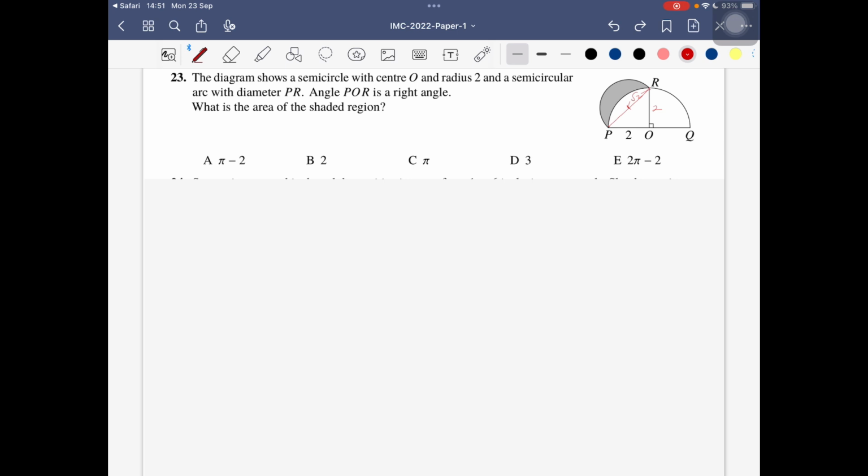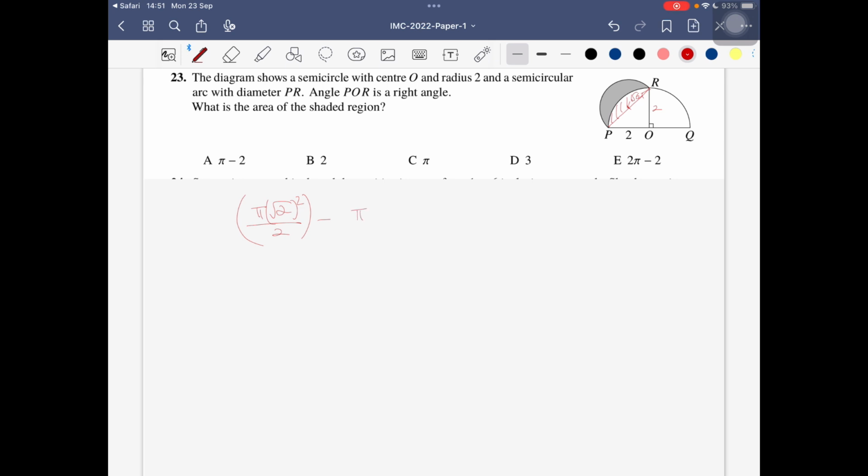So let's find the semicircle area. So pi r squared over 2, because this is a semicircle, like this. And minus this one, the segment, which we can find by subtracting the triangle from the sector.